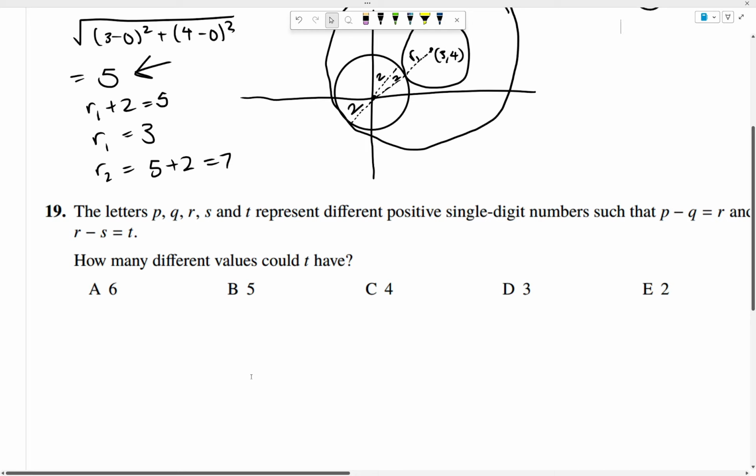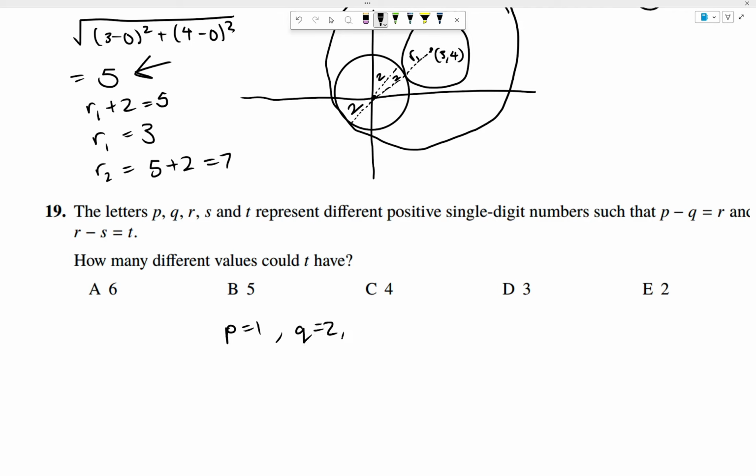So I'm just going to see what happens when P is 1, Q is 2, R is 3, and S is 4. Remembering that they're different numbers, so we can't have them all equal to 1 or anything like that. And they're also single digit.